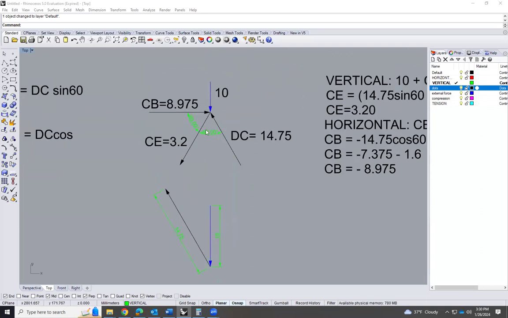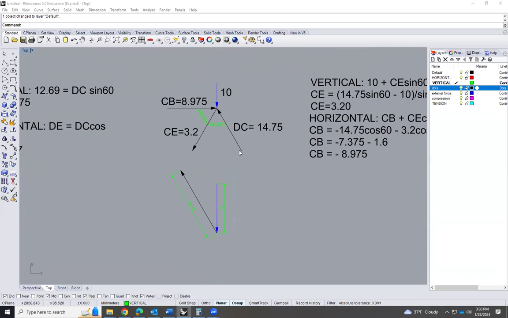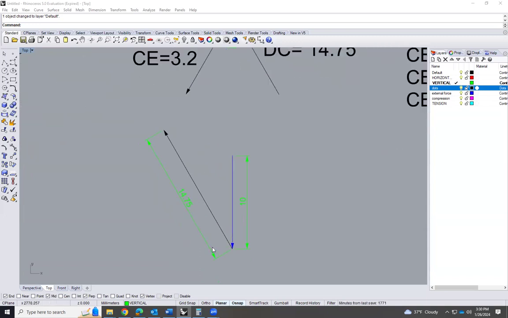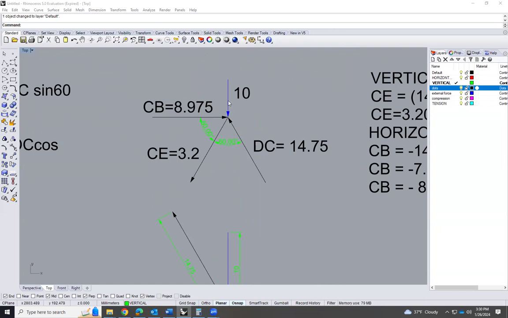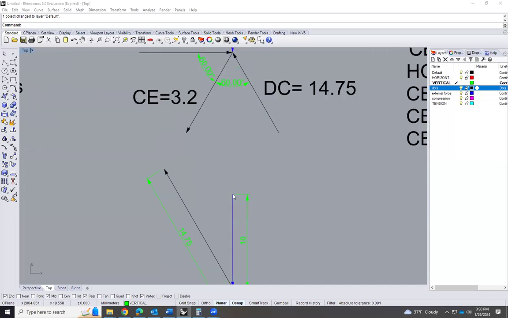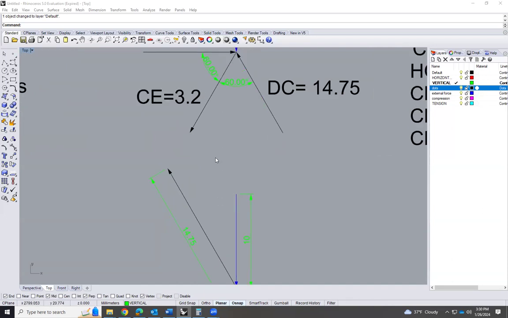Okay, so if this is 10, I have to draw a line going down, and the value is 10. If this one is 14.75, this one. But we have to follow this. So this is the first force, then this is the second force, that is the third, and that is the fourth. So at the end, we have to create a closed polygon. And if we start here, then after drawing all these forces, we have to end here too.